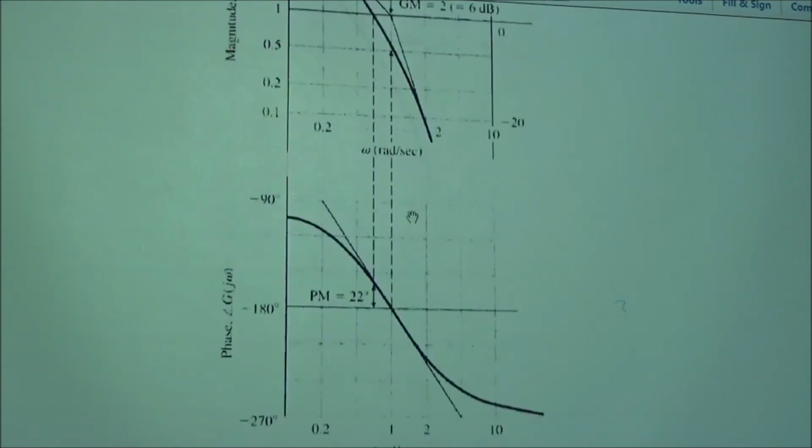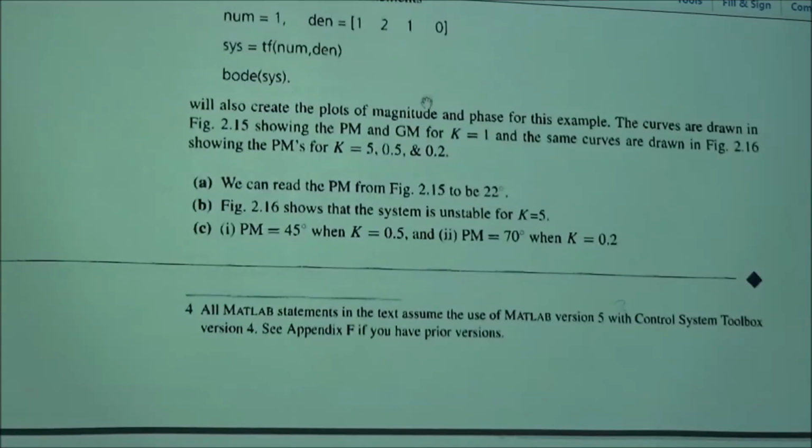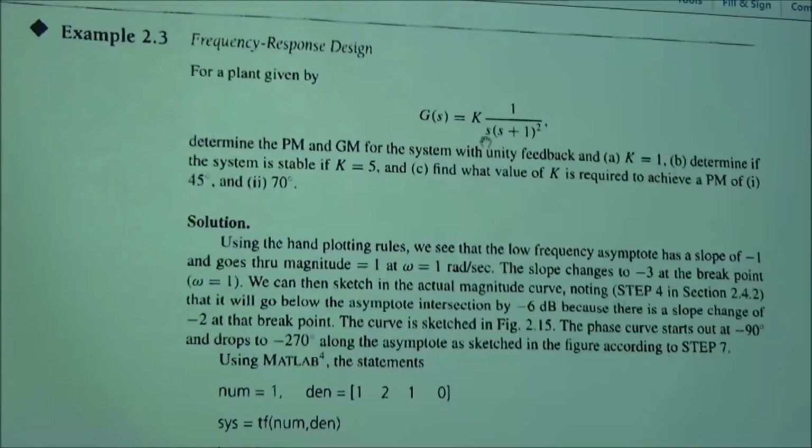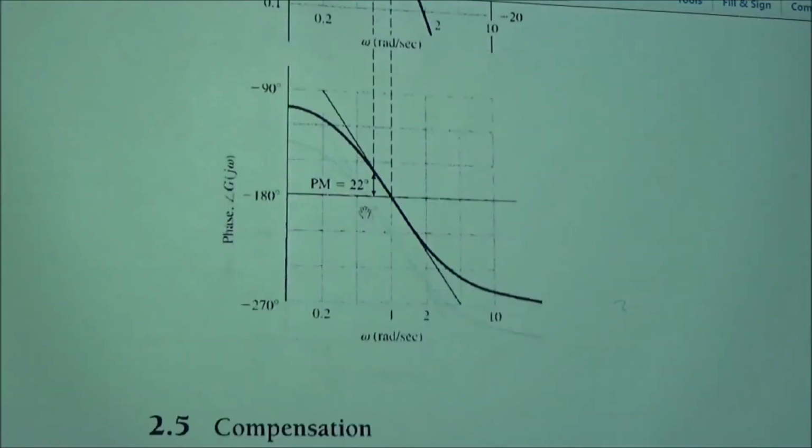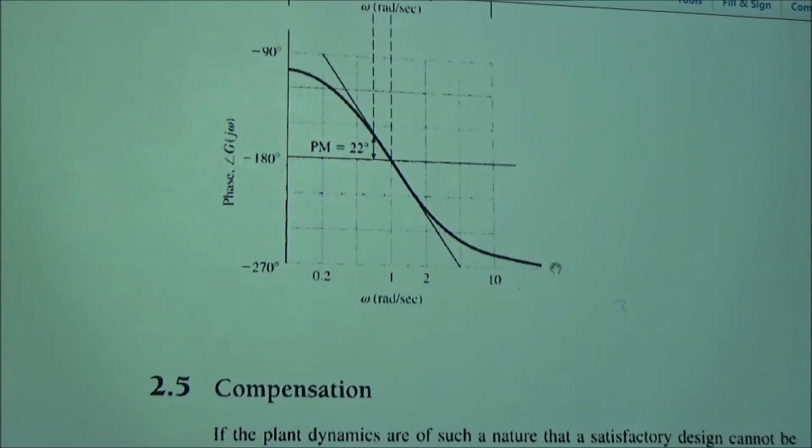Notice that you have 3 poles here. Look at here. You have 2 plus 1, 3 poles. As I just said a few minutes ago, when you have 3 poles, that means you end up with minus 270 degrees phase. And that's what you have here. Minus 270 degrees phase.